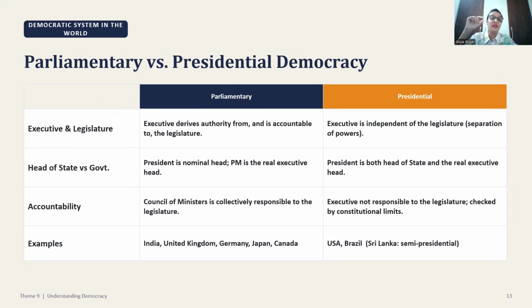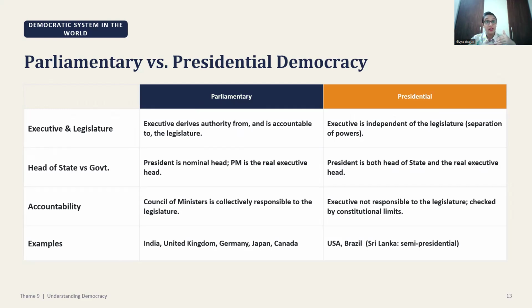Now, what is parliamentary democracy? Students, in this, the executive derives its power from the legislature. Executive derives its power from legislature in parliamentary democracy. But in presidential democracy, the executive is totally independent. The main function of the executive is to implement the laws.